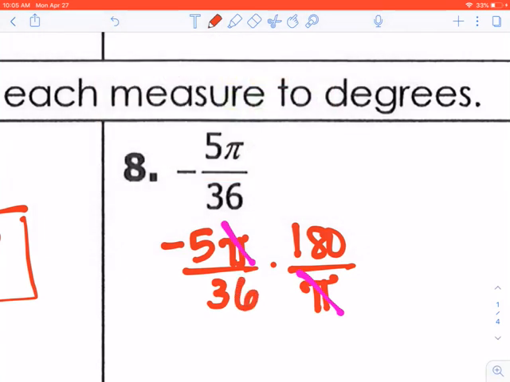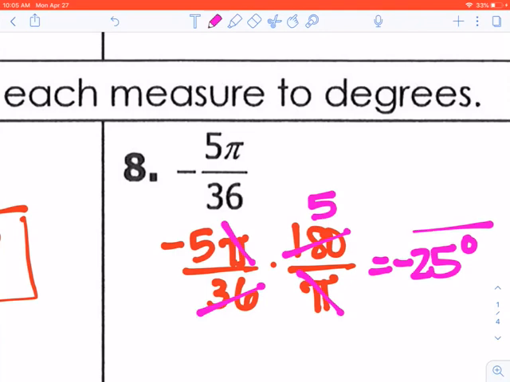Again, you can multiply negative 5 times 180 and then divide it by 36 in your calculator, okay? Or you can say, okay, I know that 36 goes into 180 5 times, and then negative 5 times 5 is a negative 25 degrees. And there you have your degree measure.